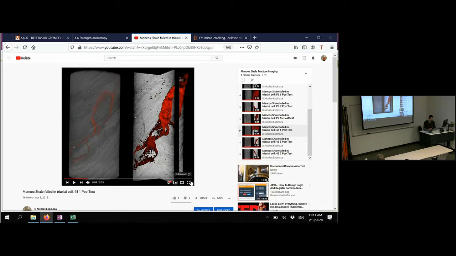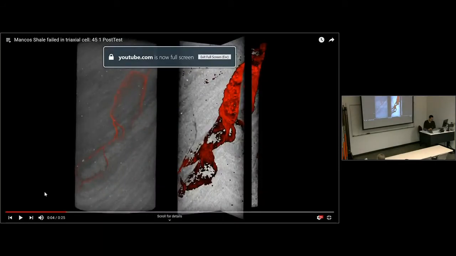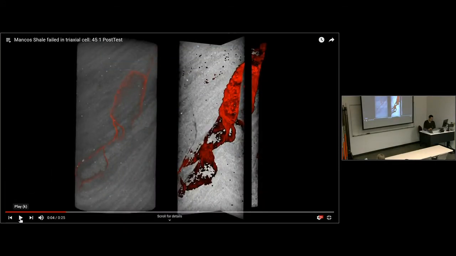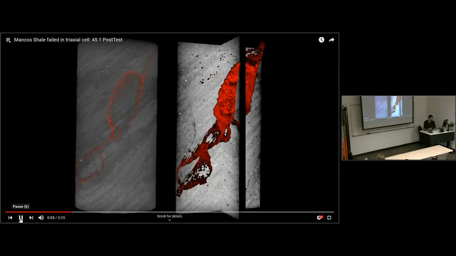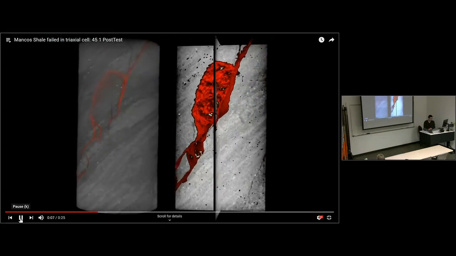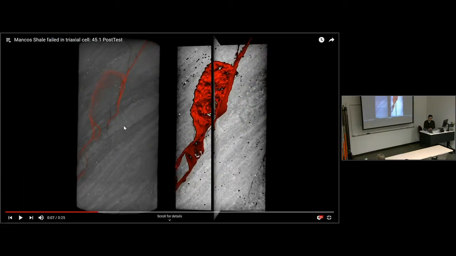So in this case, what you're looking at is a sample of shale which is laminated. Some of these layers, the white layers, are rich in quartz, and the darker layers have quartz and also organic matter and clay.